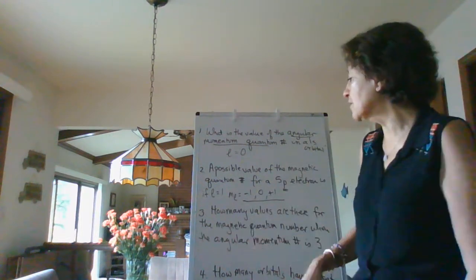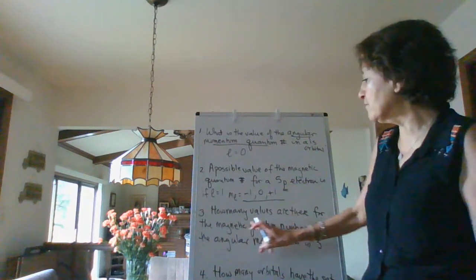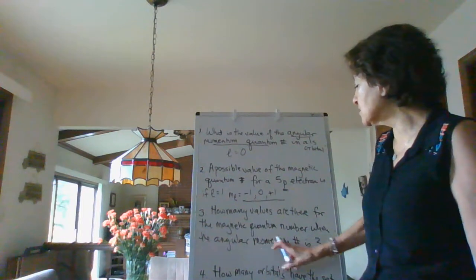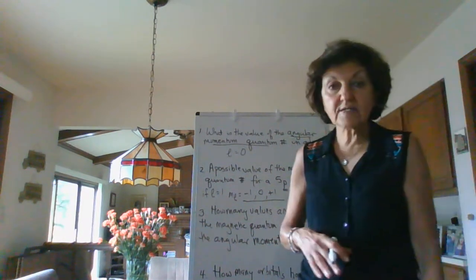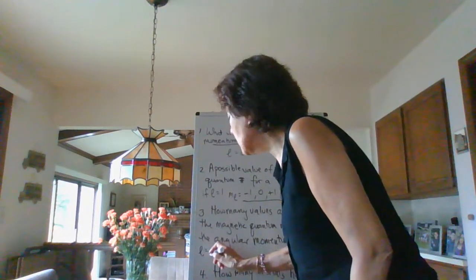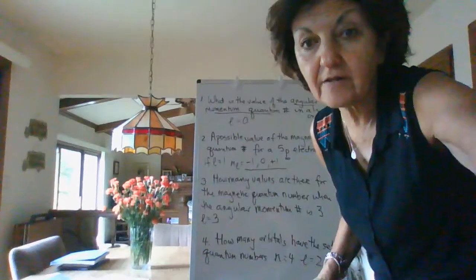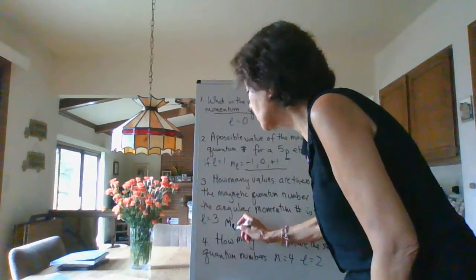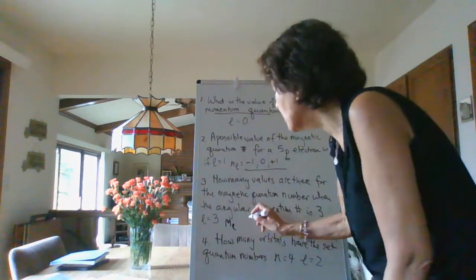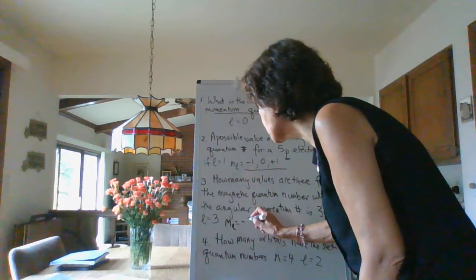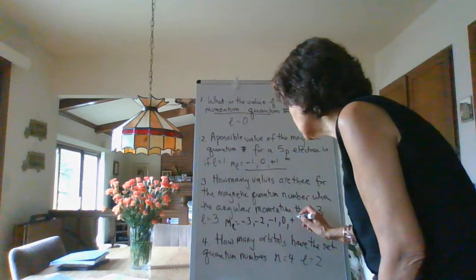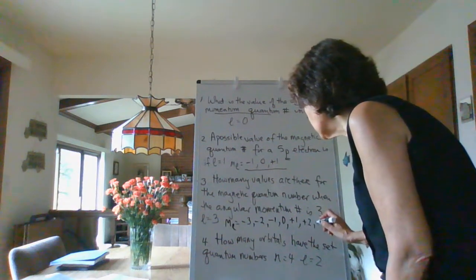Okay, here's another question. How many values are there for the magnetic quantum number, that's ML, when the angular momentum quantum number is 3? Angular momentum is the L. So if L is equal to 3, what are the possible ML values? Remember, it's minus L all the way to plus L. So the possible ML values are minus 3, minus 2, minus 1, 0, plus 1, plus 2, plus 3.